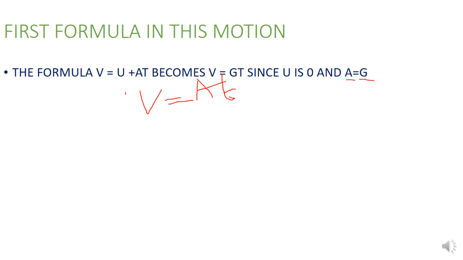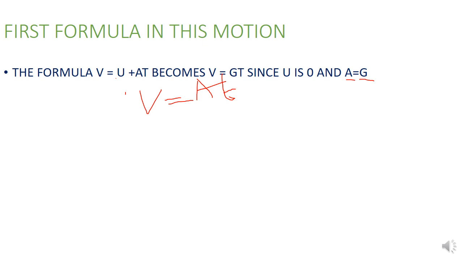And this is because the motion of the body is caused by gravity. As you can remember in Form 1 physics, gravity makes things fall down.